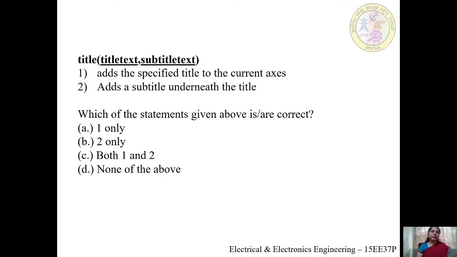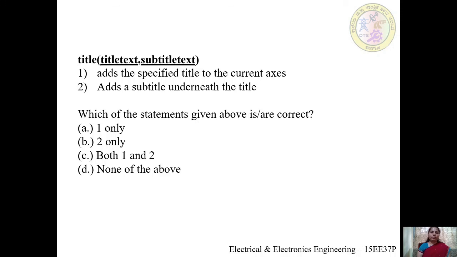Then the next question is on the title command. Title, and then within brackets you have title text and then subtitle text. It adds a specified title to the current axis, and adds a subtitle underneath the title. Which of the statements given above is correct? 1 only, 2 only, both 1 and 2, none of the above.